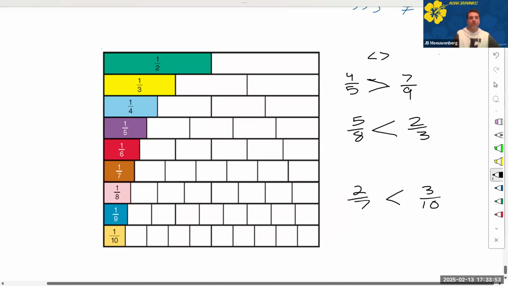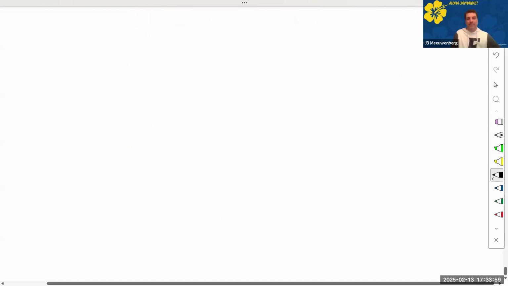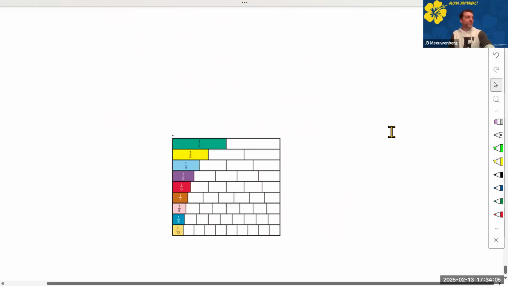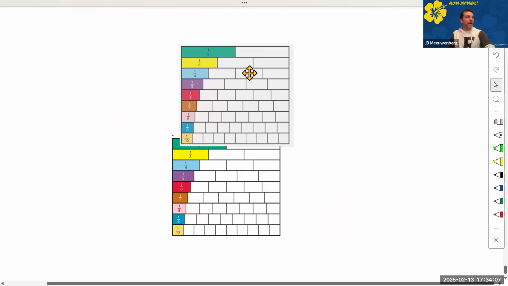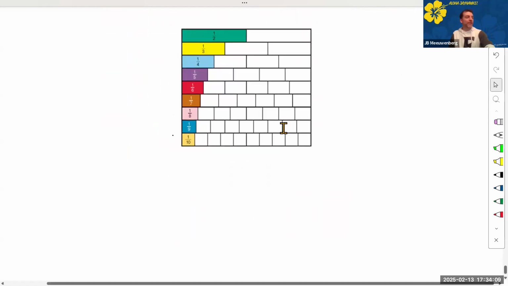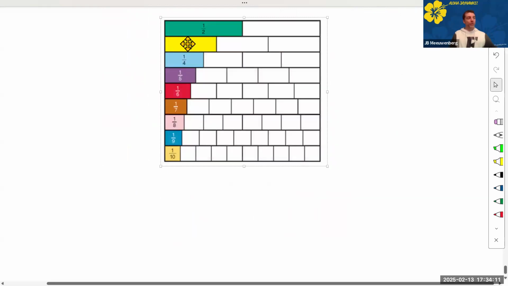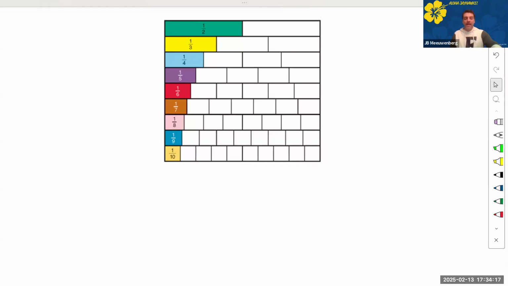So I think this also, I'm going to scroll down and I'm going to repaste that image because we're going to look at just two more nice little relationships here. On one side, we're going to look at the shaded in colored sections. And on the other side, we're going to look at these white unshaded sections.